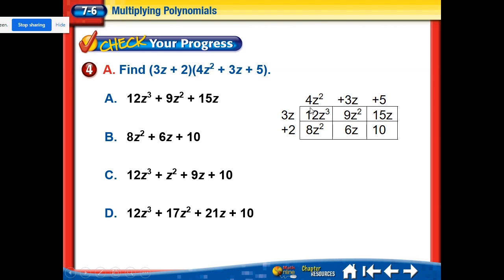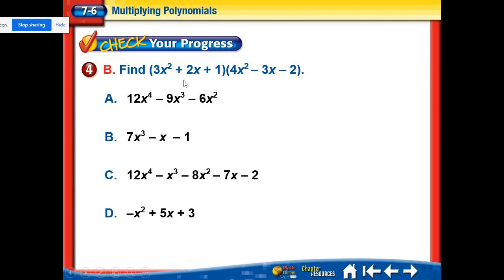It would work out just fine. So this is 12z cubed, and then here is 9z squared, and then 15z, 8z squared, 6z, and 10. Again, like terms tend to be on these diagonals. So 8 and 9 is 17, and 6 and 15 are 21. So again, we're down here with D.